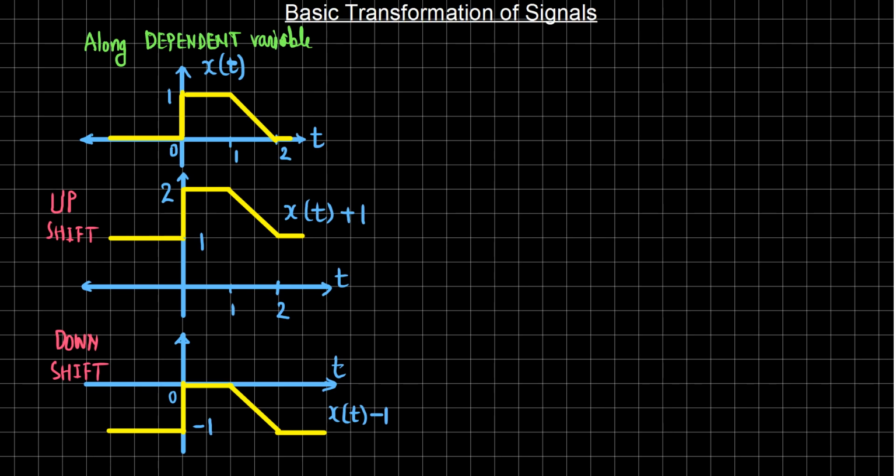Now, as we have seen that these operations have been performed along the dependent variable, similar operations we can perform along the independent variable, that is the horizontal axis, which is time. Let's study these operations.